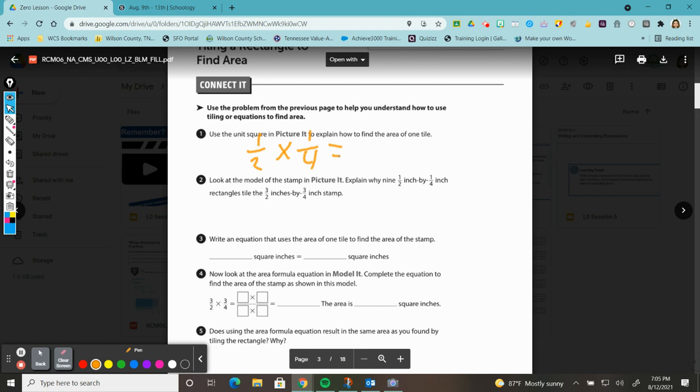Now, question number 2 wants you to specifically think about, why did we use 1/2 and 1/4 to get our answer for 3/2 times 3/4? And the key here is to take a look at your denominators.